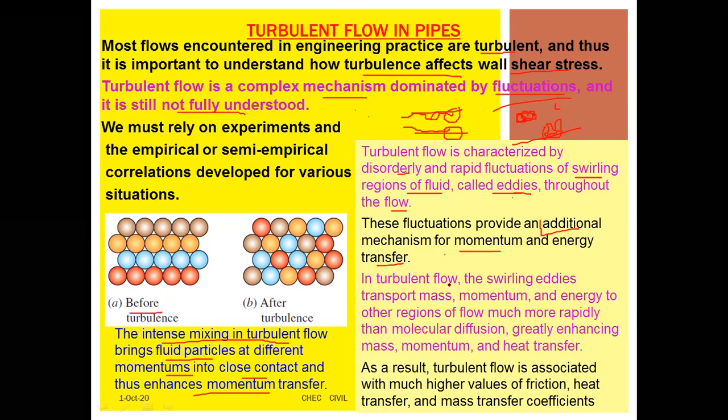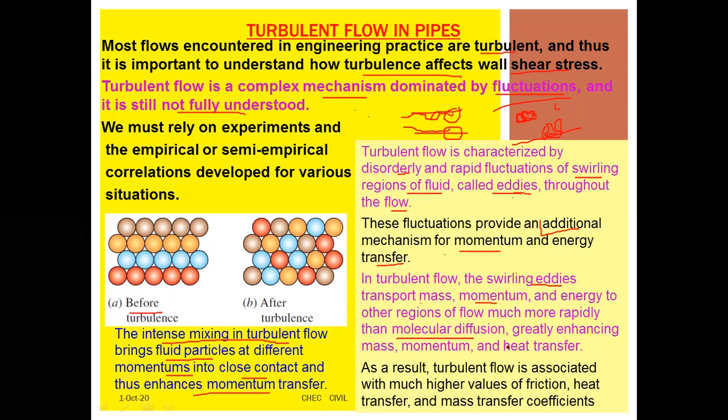Next, in the turbulent flow, the swirling eddies transport the mass, the momentum and the energy to other regions of flow much more rapidly than molecular diffusion, greatly enhancing the mass, momentum and heat transfer. As a result, the turbulent flow is associated with much higher values of friction, heat transfer and mass transfer coefficient.